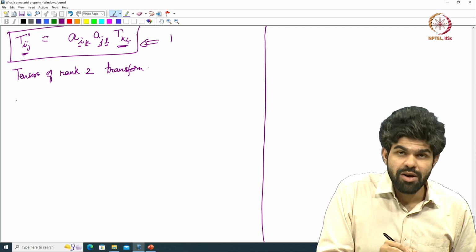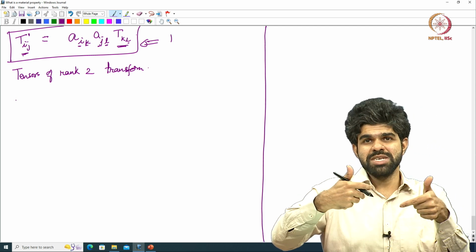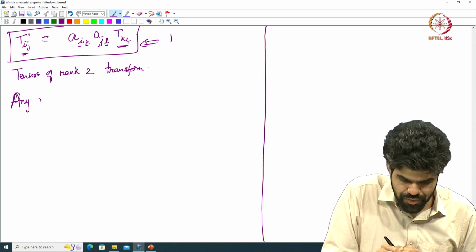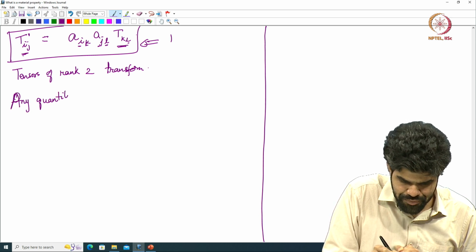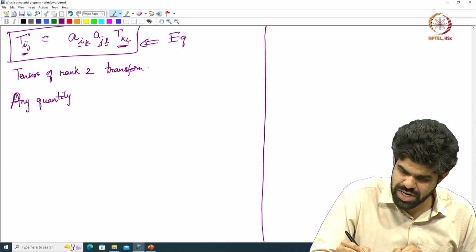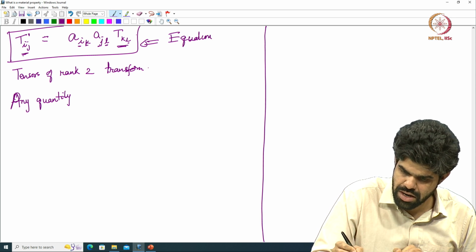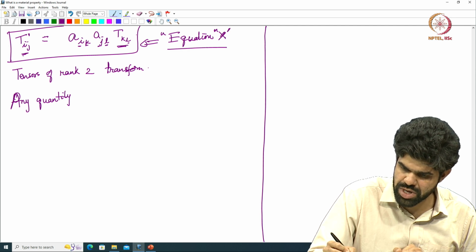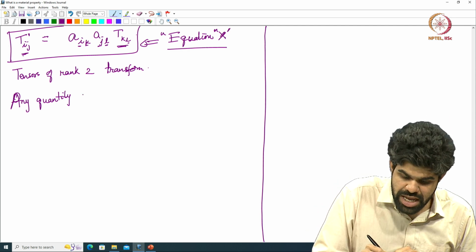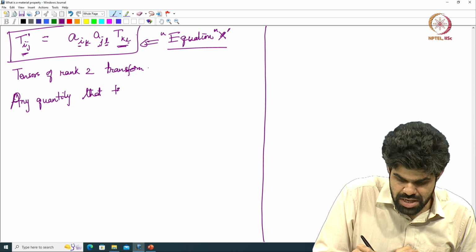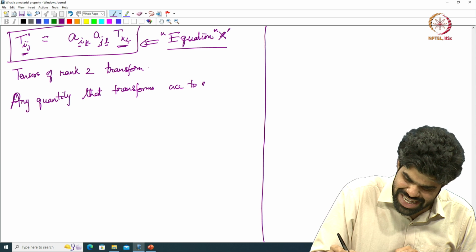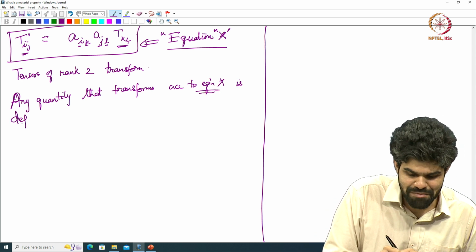Then I reverse what I am saying: any quantity that transforms according to equation x is a tensor by definition.